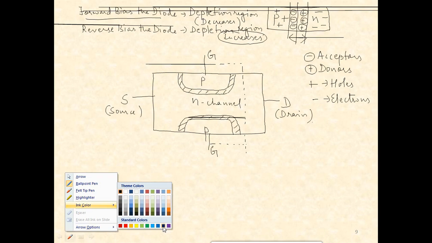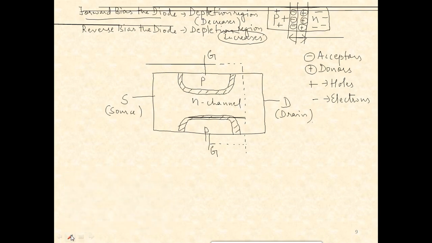The first assumption is that the source and the gate are held at a common potential and the source is grounded. So as of now let VGS be equal to 0. Since gate and source are tied and both are held at ground potential, what about the drain? Let us apply a positive voltage to the drain.